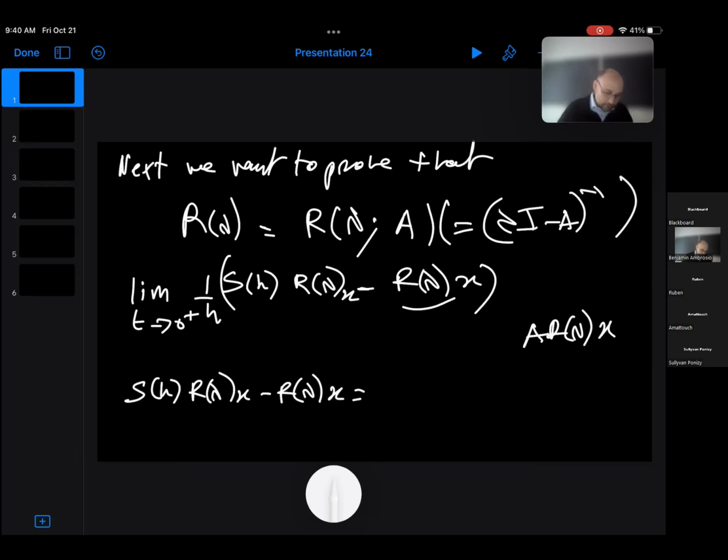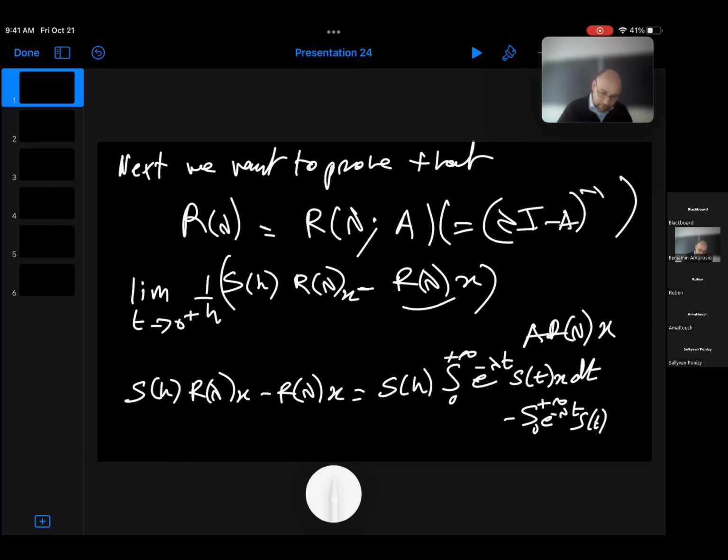By definition, this is S(h) applied to the integral of exponential minus lambda t S(t)x dt, minus the same thing.